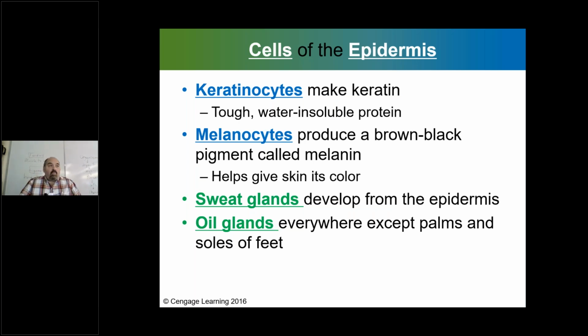Whenever you see a word that has CYTE, site, that equals a cell. So a keratinocyte is a keratin producing cell. Melanocyte is a melanin producing cell, so that's for pigmentation.